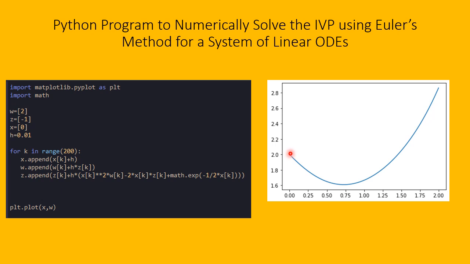So y of 0 is equal to 2. y prime of 0 was minus 1. And if we look at this, the slope here looks like it's probably about minus 1. Okay, so this is the output from this numerical approximation.